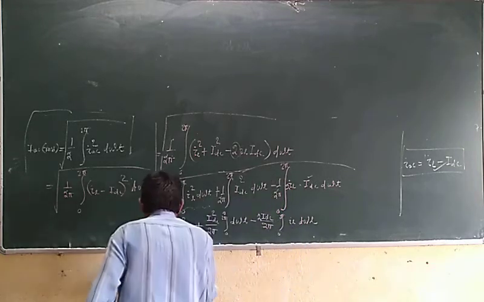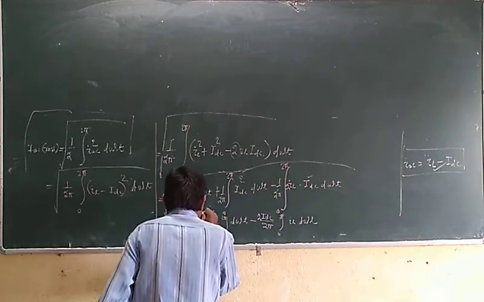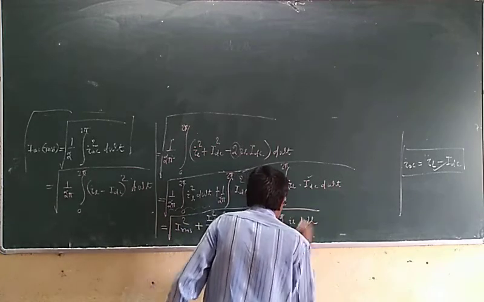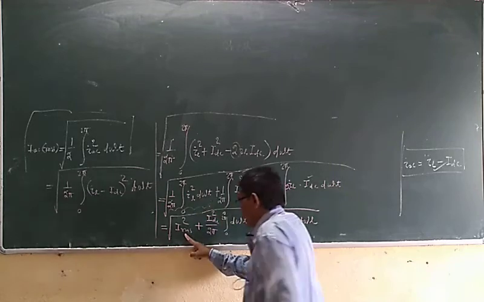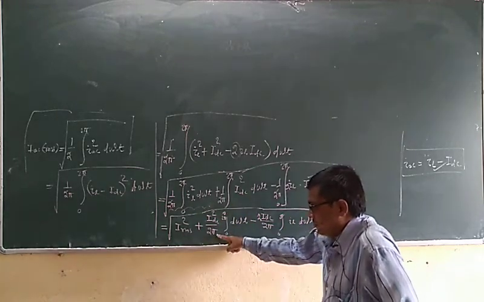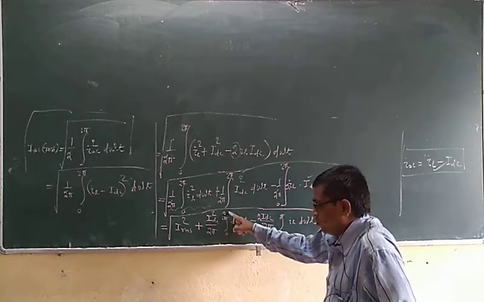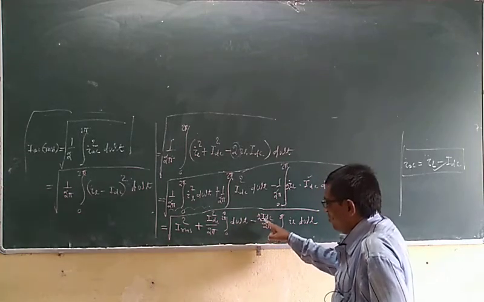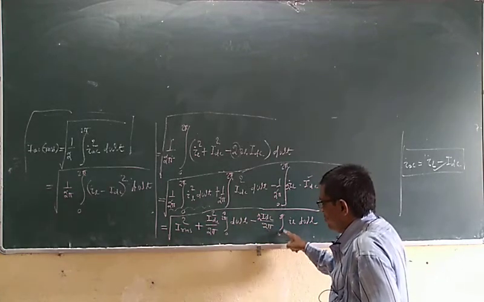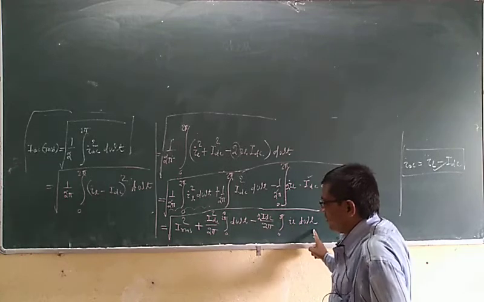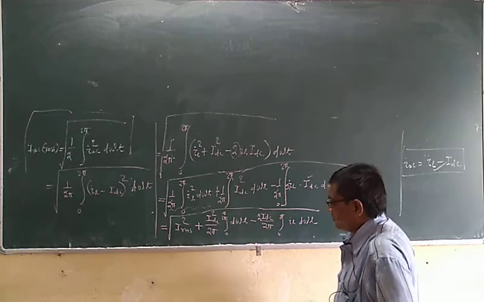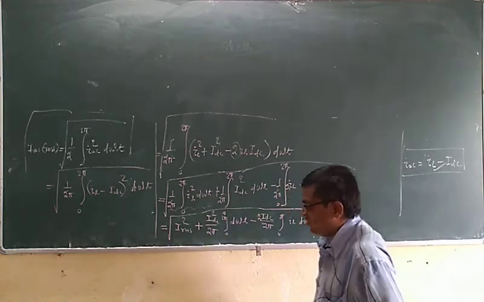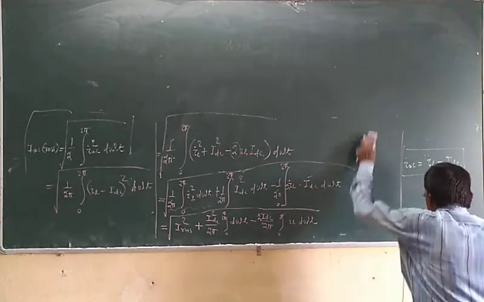Next, this is the under root of the root mean square. So IRMS square plus IDC square upon 2 pi, 0 to 2 pi d omega t, now minus 2 IDC by 2 pi, 0 to 2 pi IL d omega t. So this is the integrative part under root of the RMS value. Next we calculate this value.